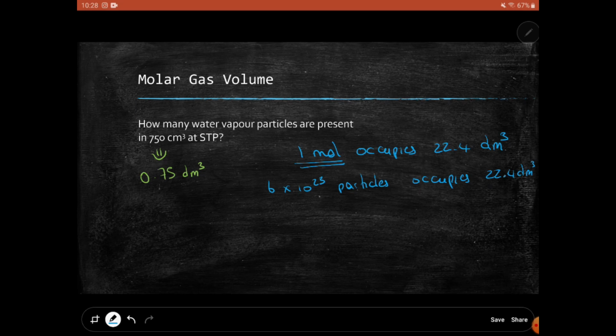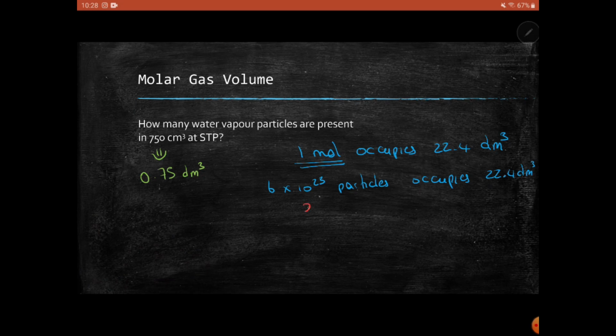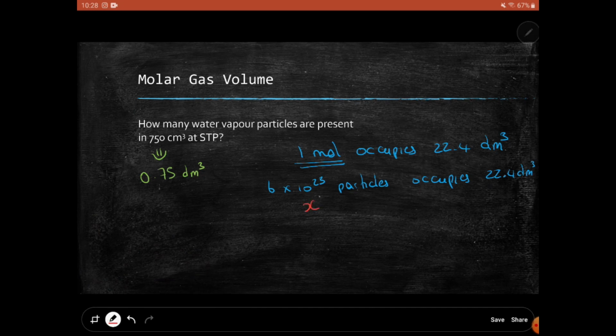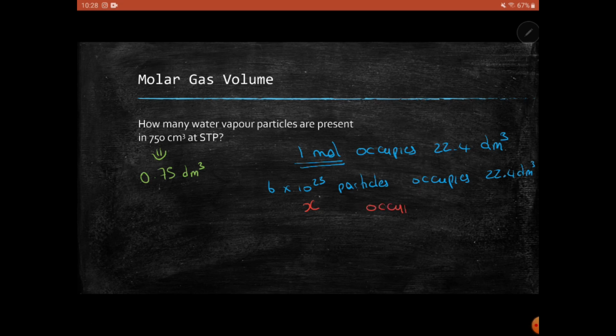Again, 1 mole is the same as 6 times 10 to the 23 particles. So we could just substitute that figure from here. We would then go ahead to write our second statement. The question wants us to find the number of particles. That's our unknown, which is x, and x occupies 0.75 dm cubed.